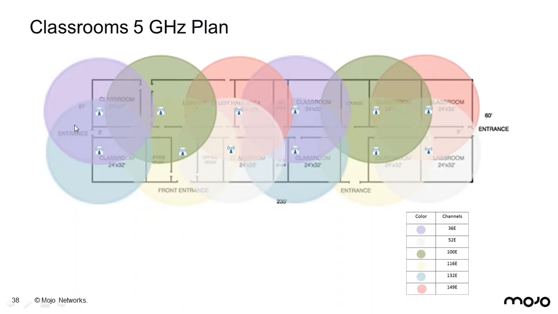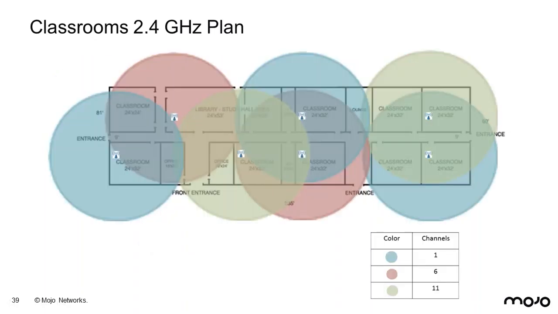For instance, they have the 36E, that would be 36, 40, 44, and 48 because it's a 40 megahertz channel, and we reuse that twice. And in fact, I think in this example we reuse each channel for this wing of the school one time.